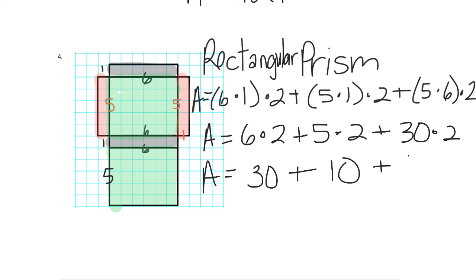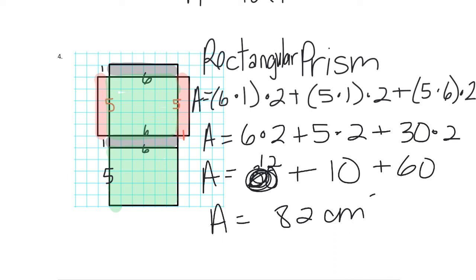Plus 30 times 2 is 60. Whoopsies, that was 12. I bet you caught that. So then I add those together. And so my area equals 82 centimeters squared.